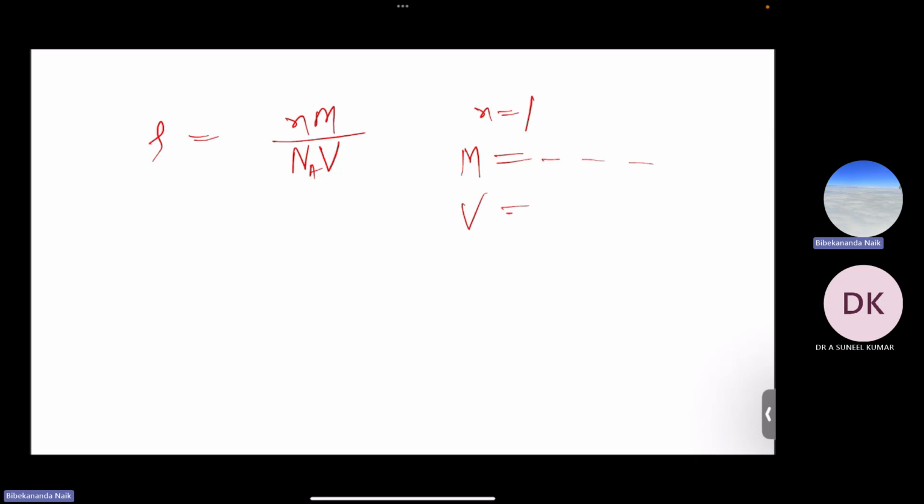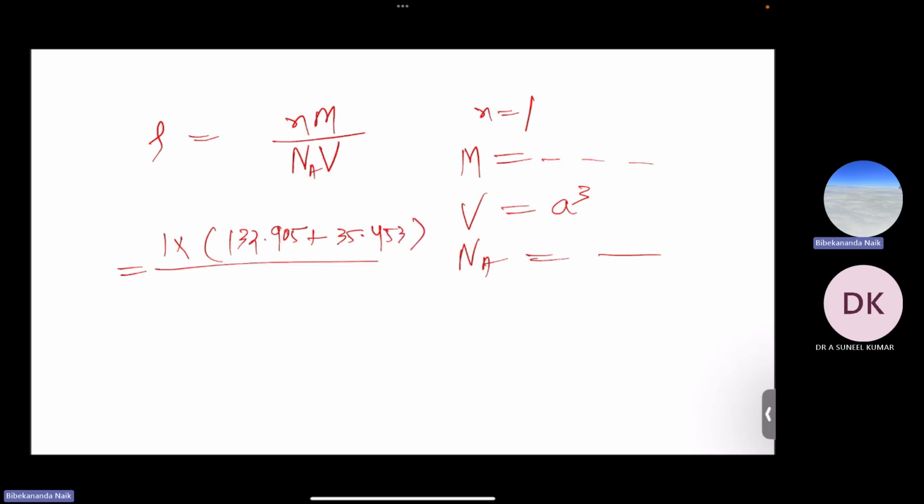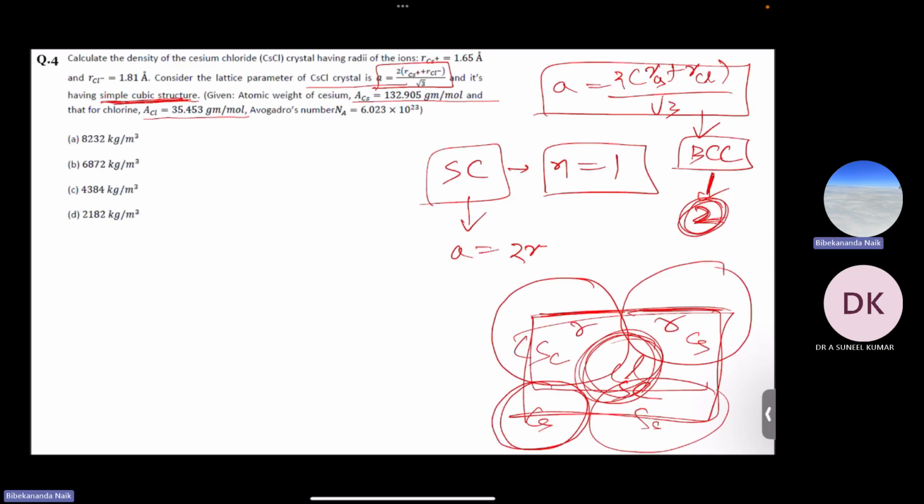Then V is A cube because it is simple cubic, and Avogadro's number is also given. So putting those values, it will be 1 into mass, 132.905 plus 35.453, divided by 6.023 × 10^23 into the size we need to find out. A is also given.